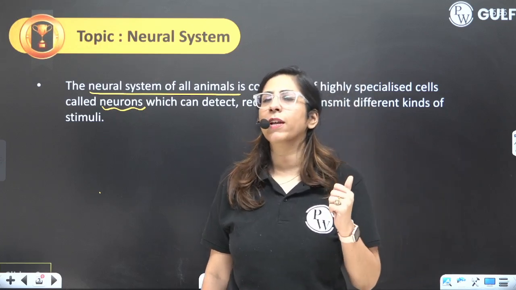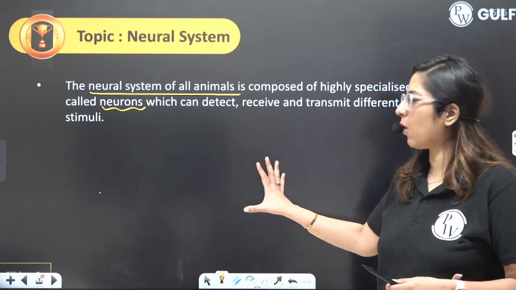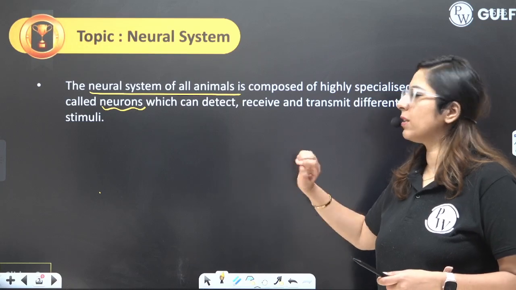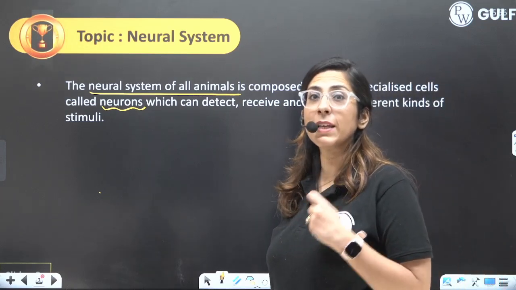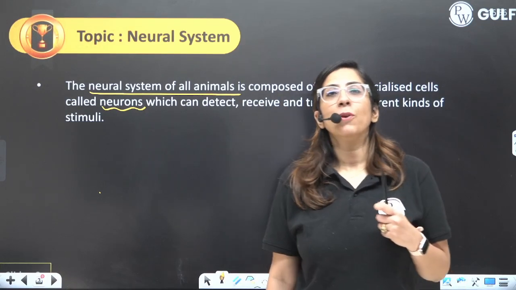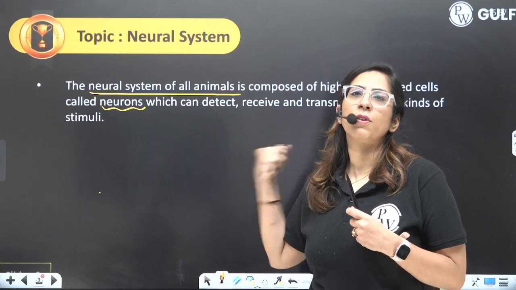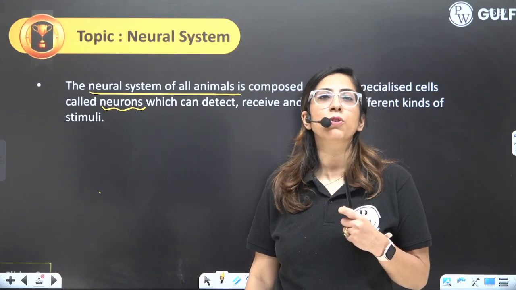I'll give you a very good example. Suppose this board is a hot surface, and I accidentally touch it. Within a few milliseconds, I will remove my hand, because the signal has been sent to the central nervous system, which causes the contraction of the muscles, due to which my hand is removed from the hot surface.